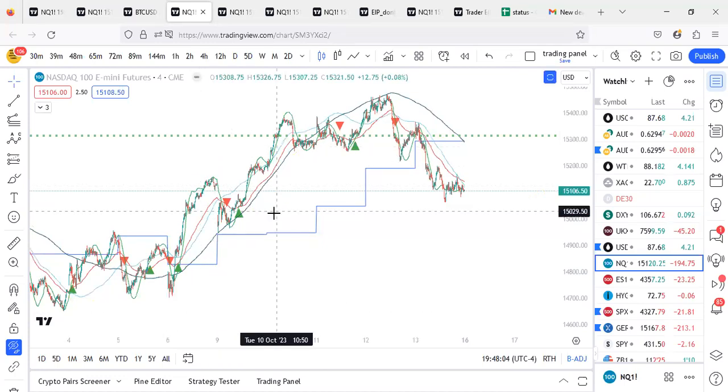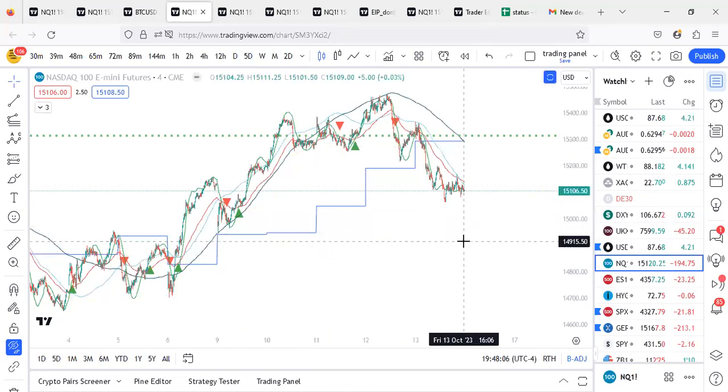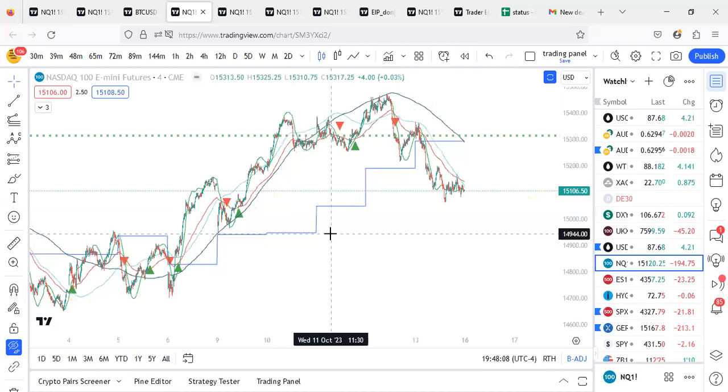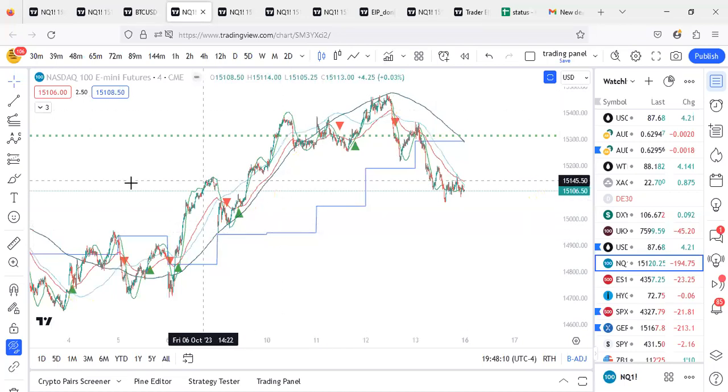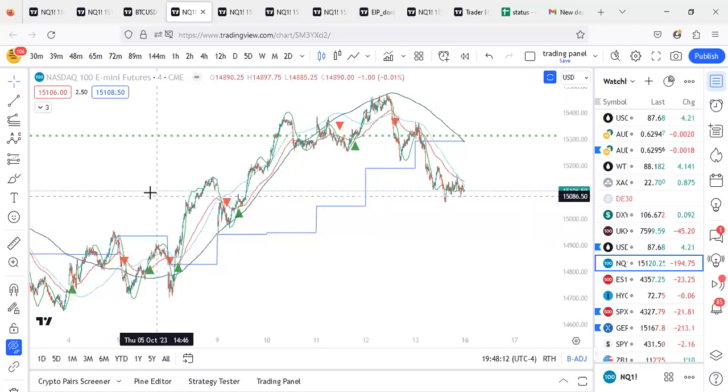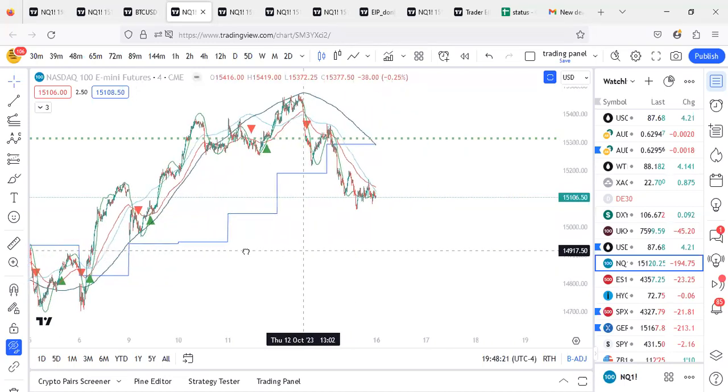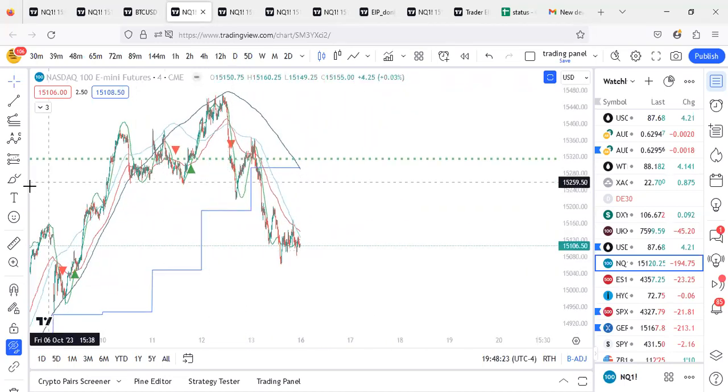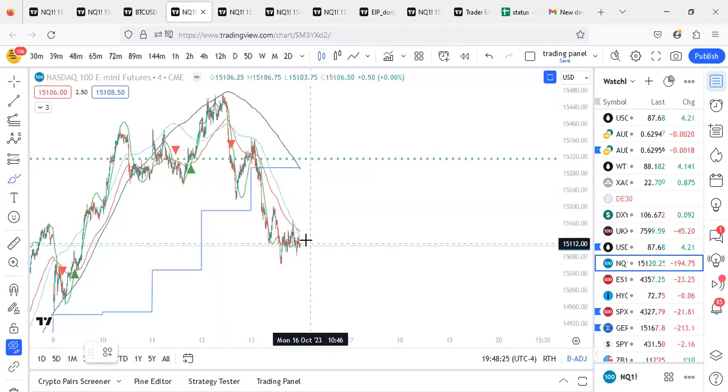That the stock market is falling because of Israel-Hamas, or it was rising because of Israel-Hamas. Or in March, the stock market crashed because of Silicon Valley Bank. What happened next? We already know. So if this is the thing, what should happen next?